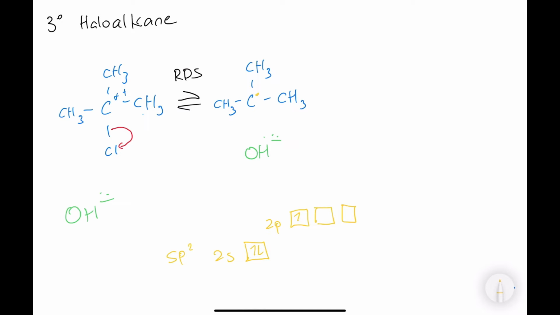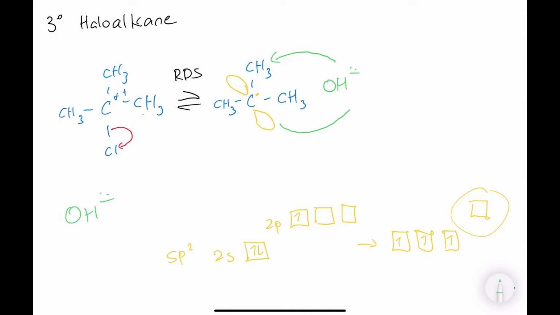So when we hybridize 3 orbitals, we actually have 1 unhybridized p orbital. The hydroxide ion can either lend its electrons to the top of the p orbital or the bottom of the p orbital, and this has like a 50-50 chance of occurring.